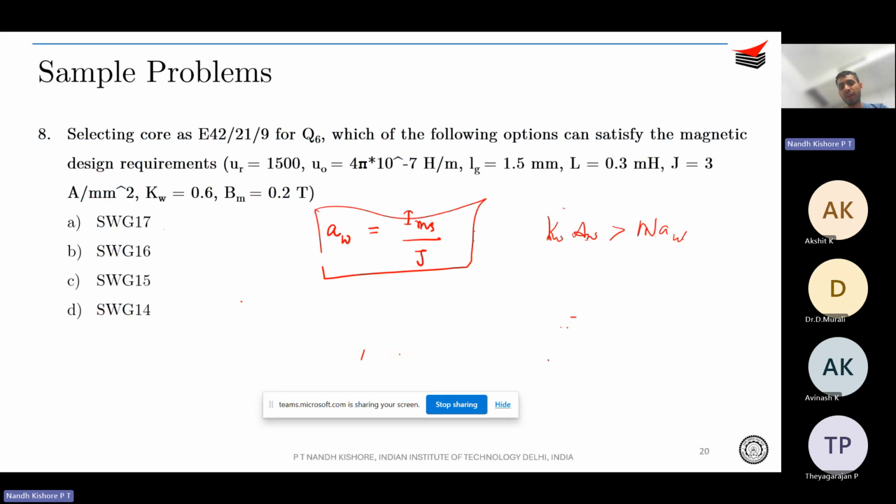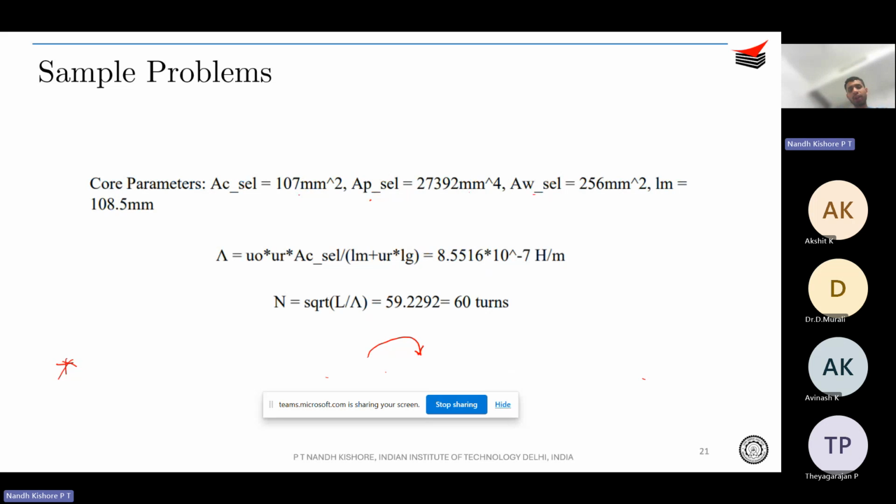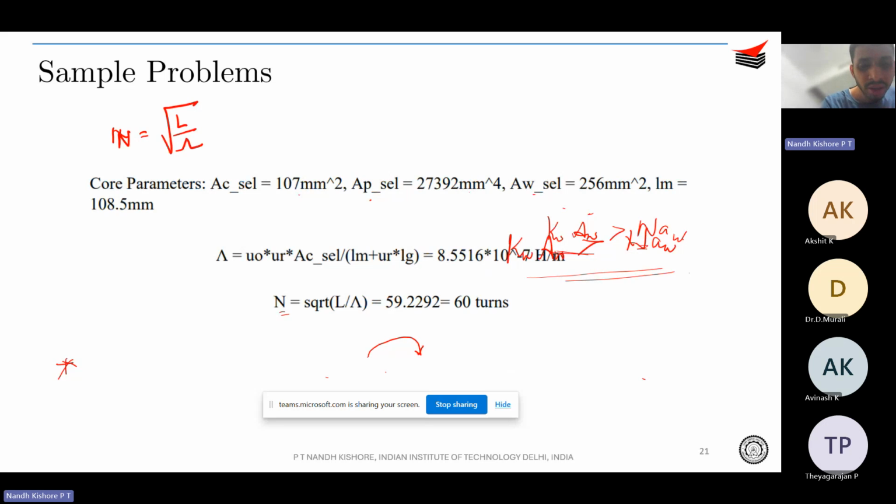You know what is Aw from the data sheet of the selected core, and you just need to find out what is N. You would know that the relation between the number of turns and inductance is something like N is equal to root over L by permeance. Again, this is something that was part of the lecture slides as well. That is N is equal to root over L by permeance.